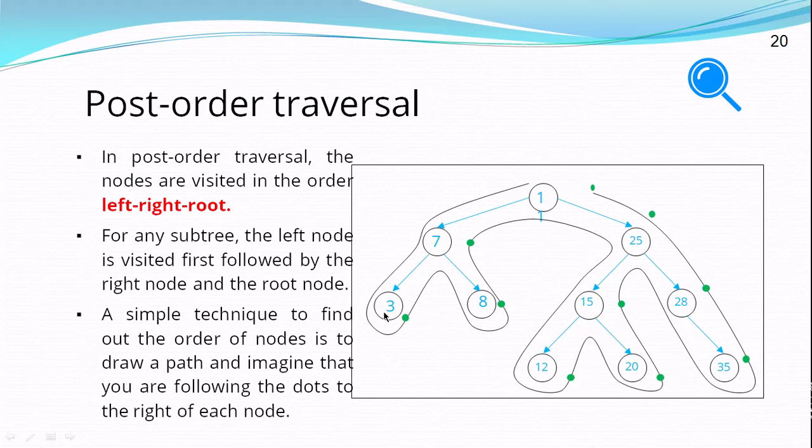Well, there's nothing there, there's no right node, and it tells you to mark the node. So I'm putting a green dot by the side of this node. So I've explored the whole of 7's left-hand branch, and what the rule says, now explore the right-hand branch.